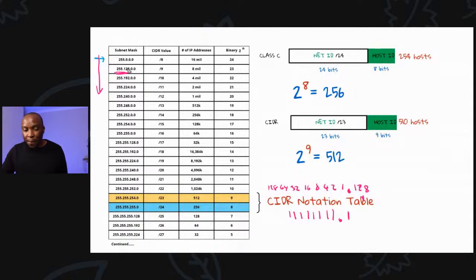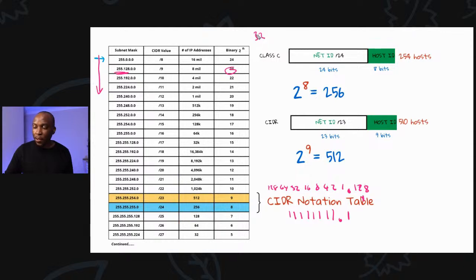Look at what's happening to the number of hosts per network. It's reducing by half. So from 16 million, now it goes to 8 million. How many bits remain for the host ID? We've got 23. And how do we get to 23? It's 32 minus the CIDR value.